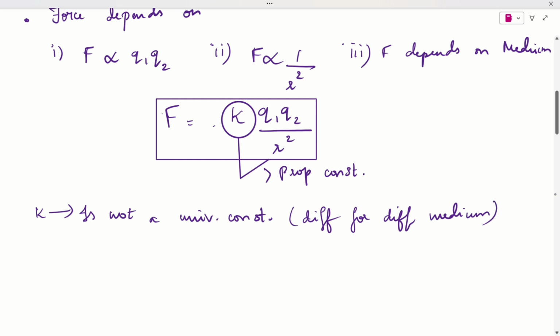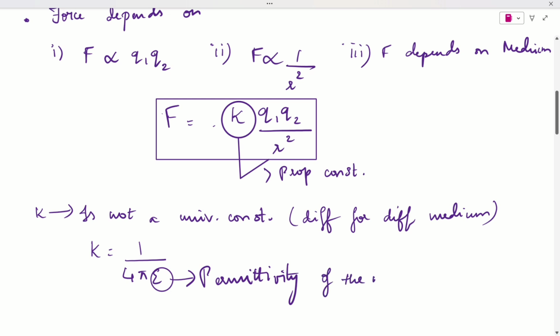This is the one which contributes to the dependency of the force on the medium between the two charges, and K is given by 1 by 4 pi epsilon. This epsilon is the permittivity of the medium.